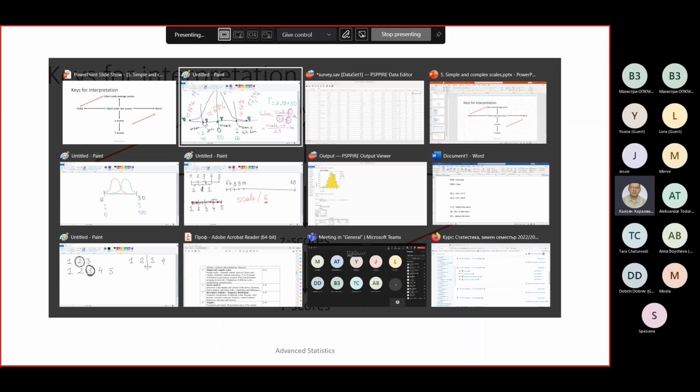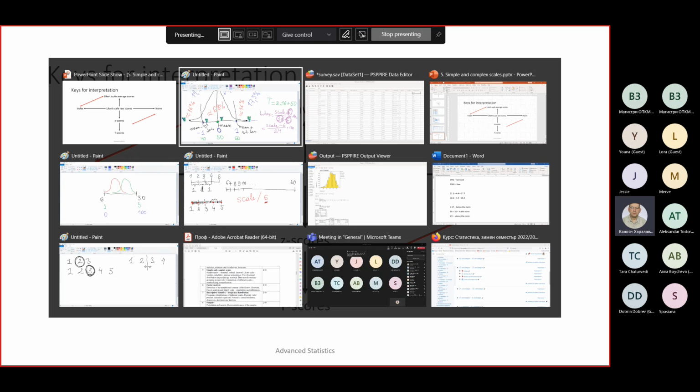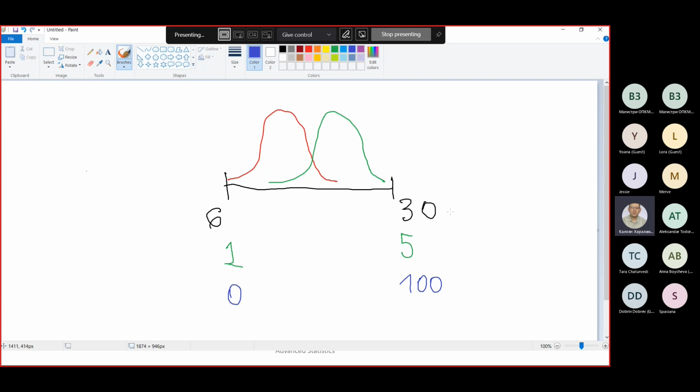That means that these numbers are not appropriate for the comparative analysis, because when we standardize with mean and standard deviation of each population, then we lose the difference between distributions.